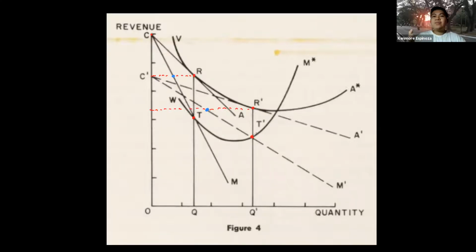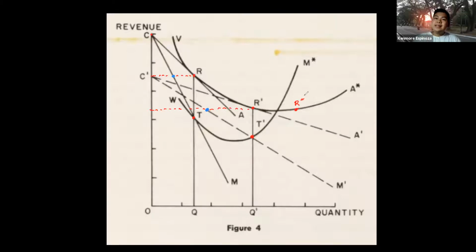Now, what ma'am was saying, what if we are trying to get the M? Here, so we have a guide, let's say this is R double prime. How do you get the marginal point for R double prime?